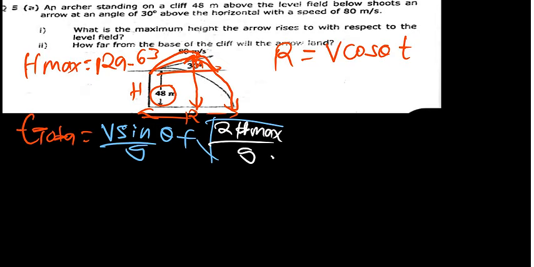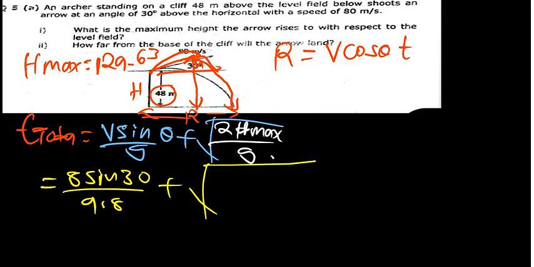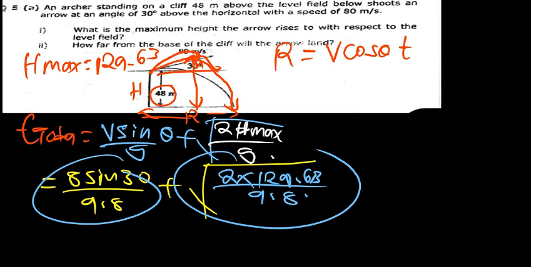In this case, t is going to be equal to v is 80 sine 30 divided by 9.8 plus the square root of 2 times h max, which is 129.63, everything divided by 9.8. Let's find this separate and this one separate, then we add them. As simple as that. This is 80 and not 8.